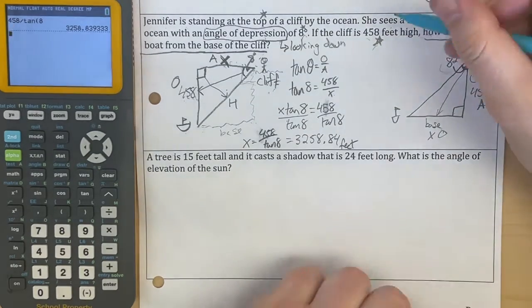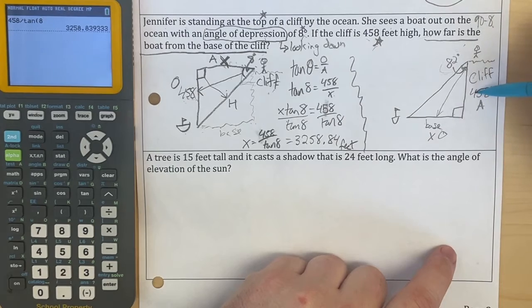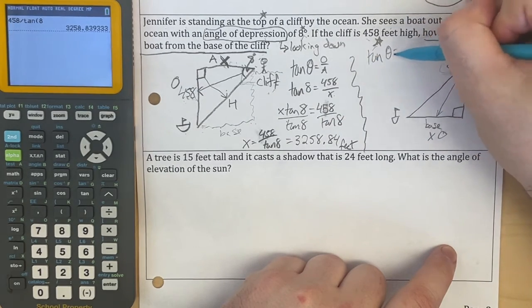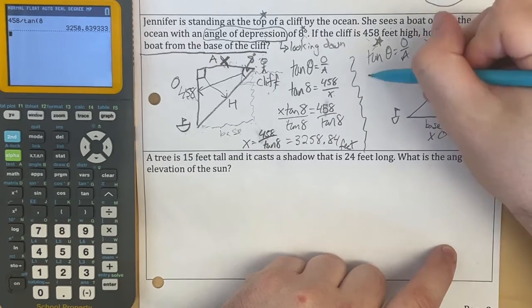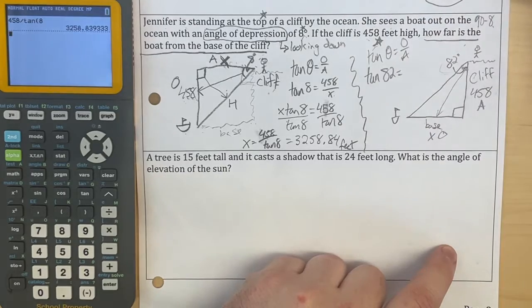So now if I set up my picture like this, I would have tangent theta is opposite over adjacent. I have tangent of 82 degrees is equal to x over 458.